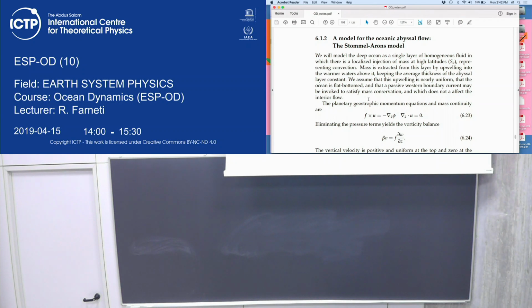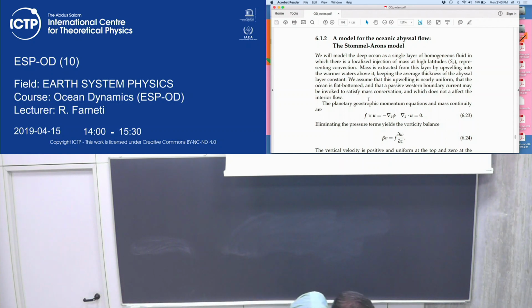What they did, we're going to assume that this upwelling is nearly uniform. So you have a localized sinking, and then everywhere else you have upwelling through diffusion. The ocean is flat, and you have a western boundary current that closes the loop in order to conserve mass.